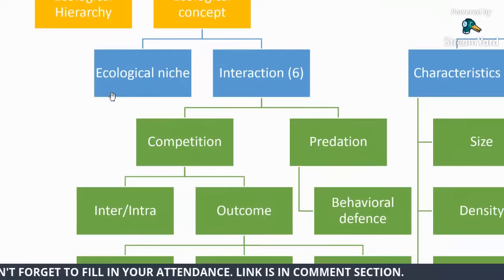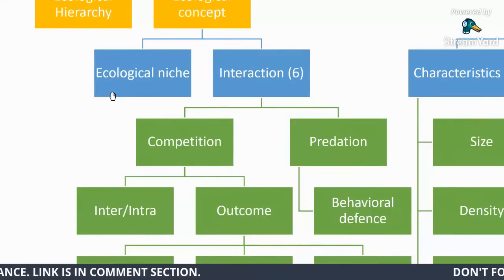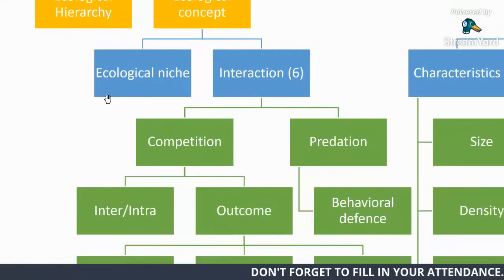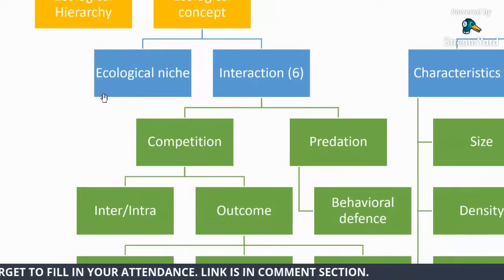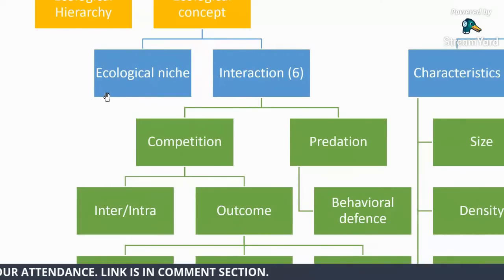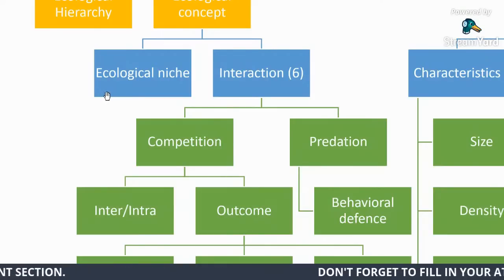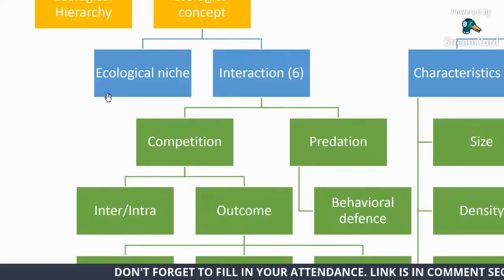Alright, so it comprises of dia punya active time, dia punya location and resource yang dia guna. So tiga benda tu membentuk ecological niche, and you should know that the more the niche overlap, the higher the competition will be, right?